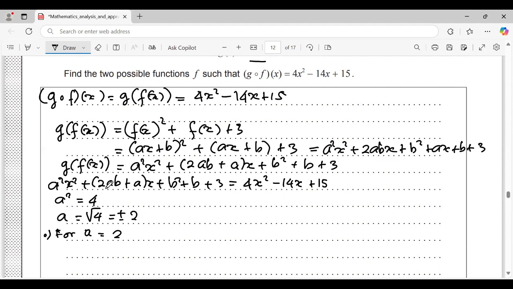2ab plus a equals minus 14, this one. 2ab plus a equals minus 14. Substitute 2 into this equation: 2 times 2 times b plus a equals minus 14.